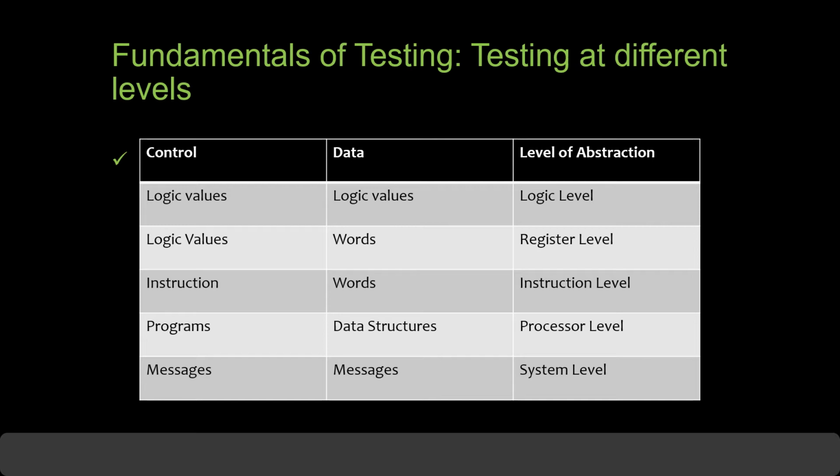Whereas in the instruction level of abstraction, the control will be in the form of instructions and data will be in the form of words. The fourth level is the processor level, where the control is in the form of programs and data is in the form of data structures. The outermost layer, called the system level, includes control in the form of messages and data in the form of messages. This figure depicts the levels of abstraction in information processing by a digital system.